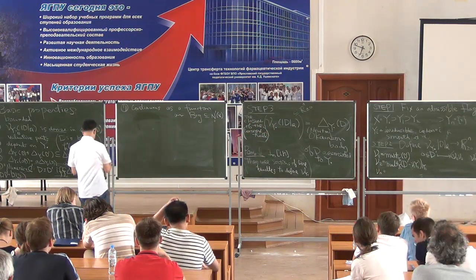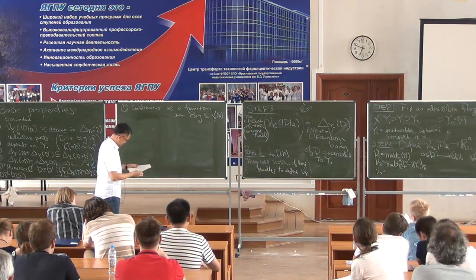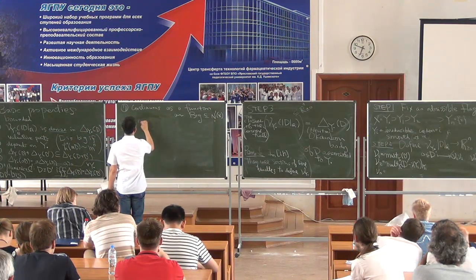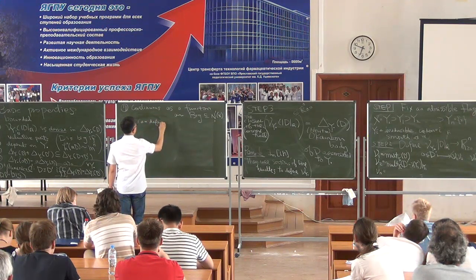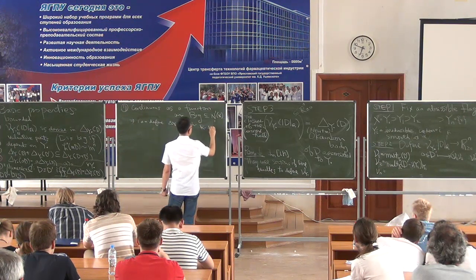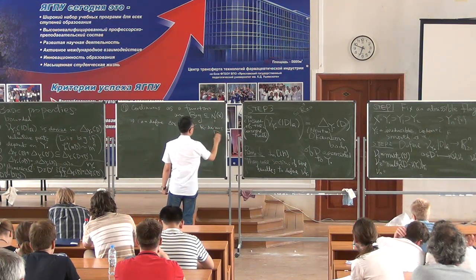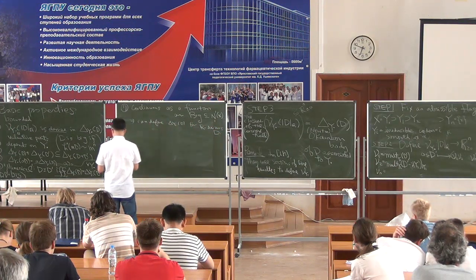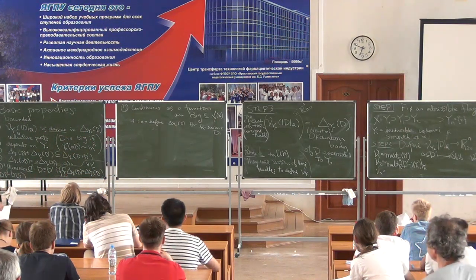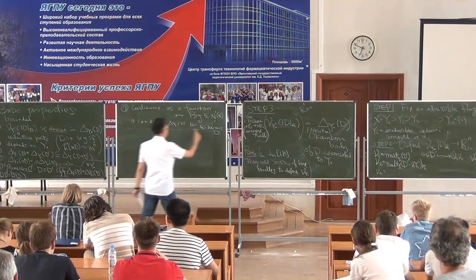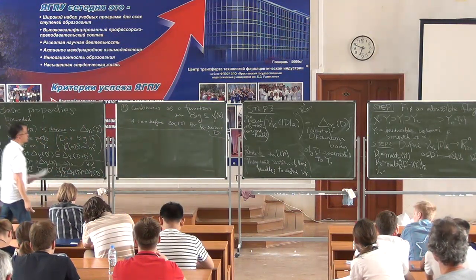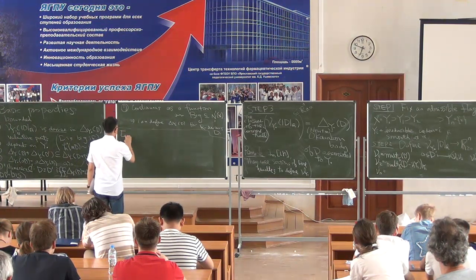So this is where you need this property. So these are some very basic properties. Of course, there are many more properties, but okay. So let's look at some examples.